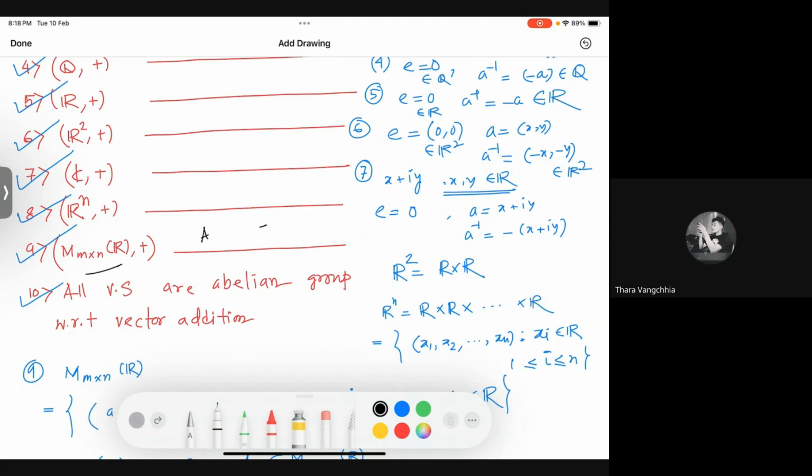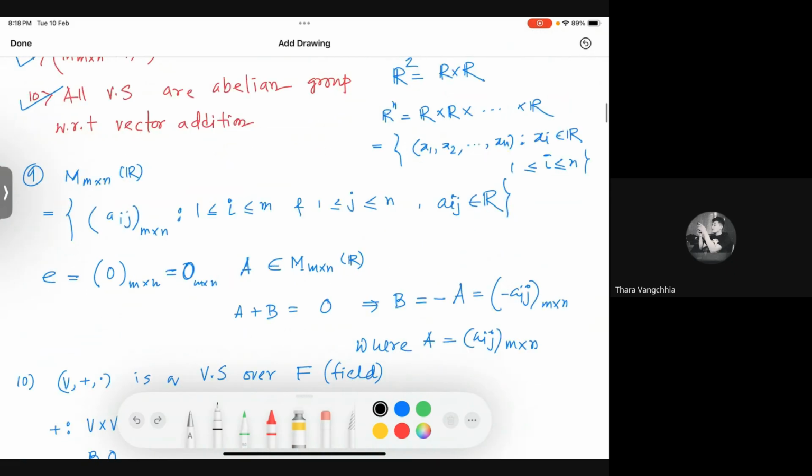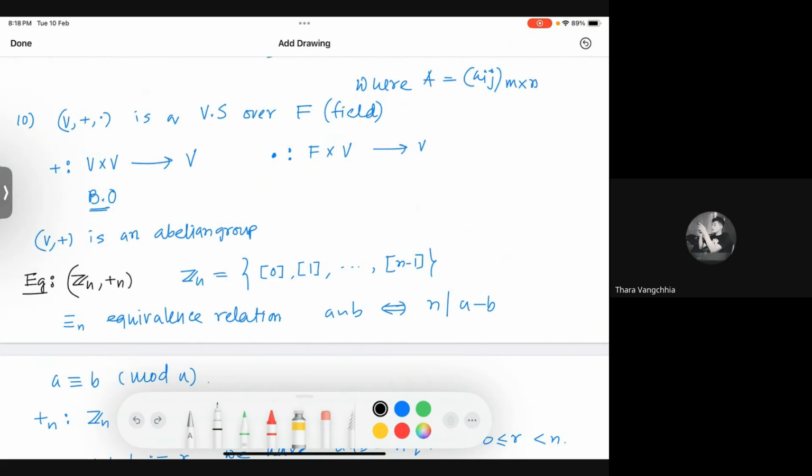All the vector spaces are abelian groups. Do you know what a vector space is? What is a vector space? So for a vector space, I need two operations.